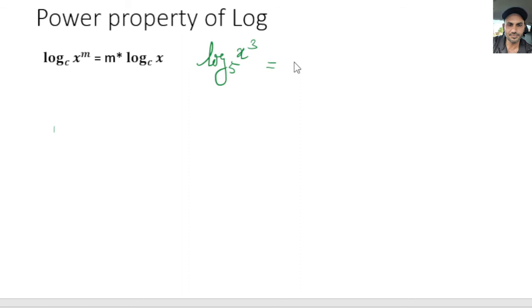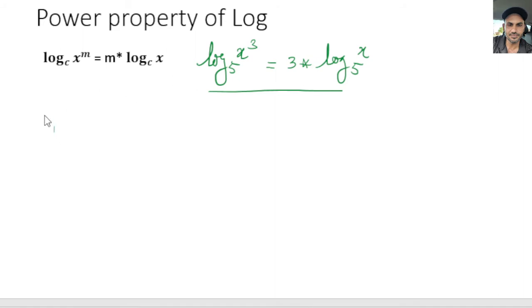So this 3 goes to the front and then multiplies it with this log of x with base 5. Once 3 is moved to the front, there's no more exponent on x, so x is just by itself, and then we have base 5. So this is the usage of this power property of log.